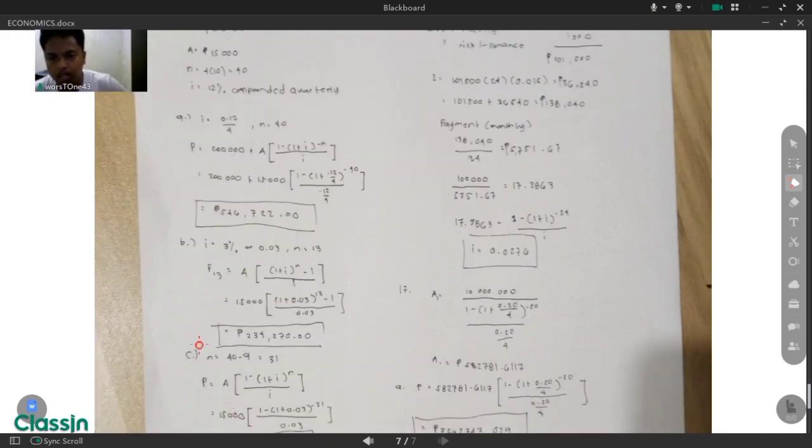Okay, B. What is his payment for the 13th payment if he missed 12 payments?